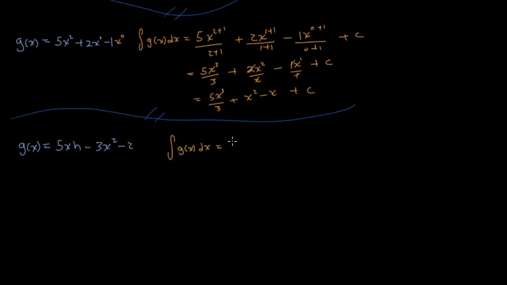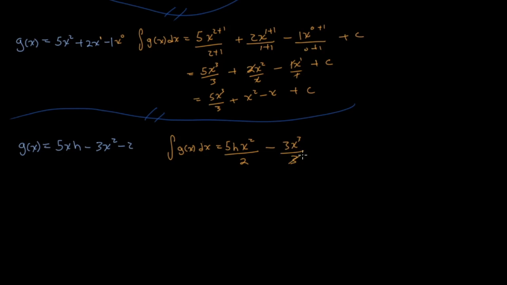So the 5 and the h here would be treated as constants. So we'd go 5h, then x, and that's what we're going to raise the power of. So x squared, because there's an imaginary 1 here, over 2, minus 3x cubed. We're going to raise the exponent and then divide by the exponent.